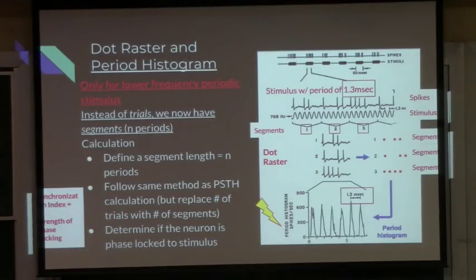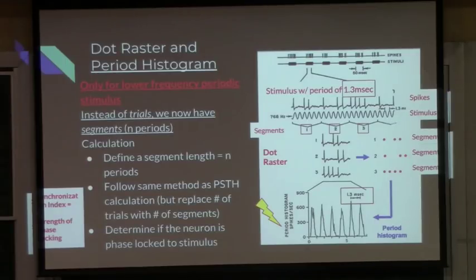So what you need to understand is that you are essentially doing the same processing as a post-stimulus histogram, except the different trials are now segments of the periodic stimulus. If we set an arbitrary 6 periods to be one segment, which is what Dr. Wang does in his lecture, then that's almost like one trial.